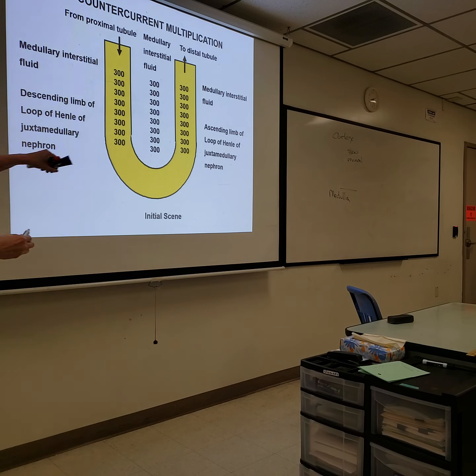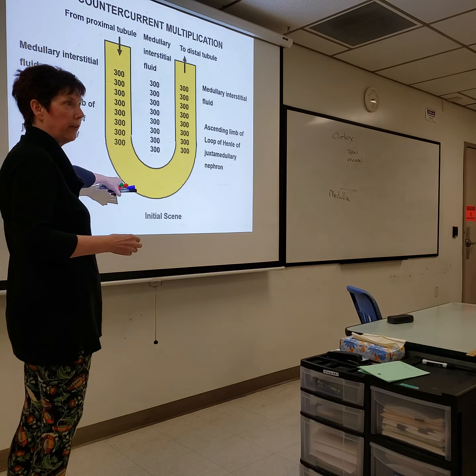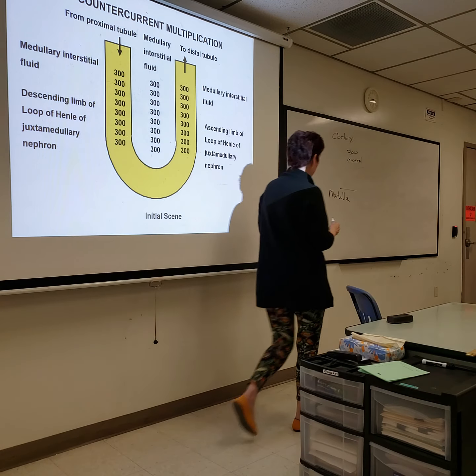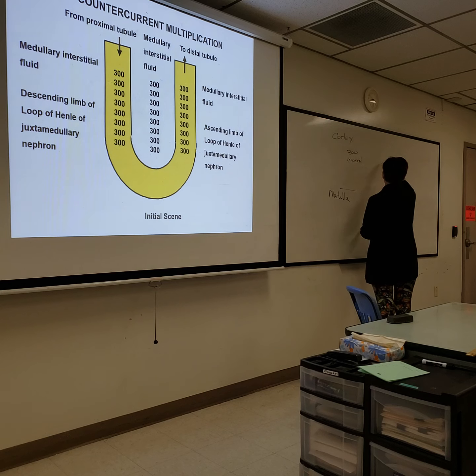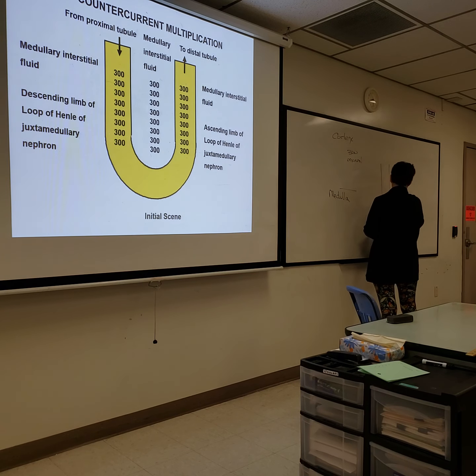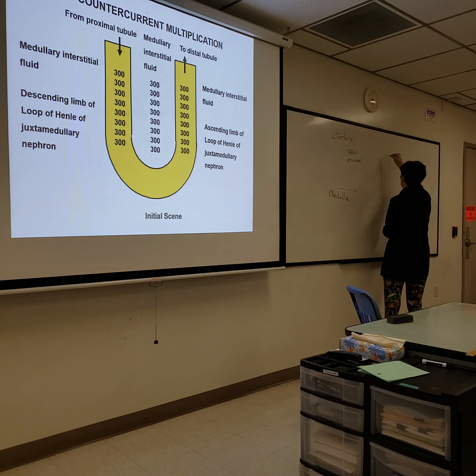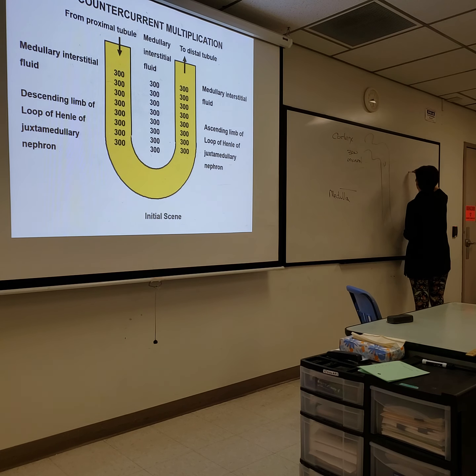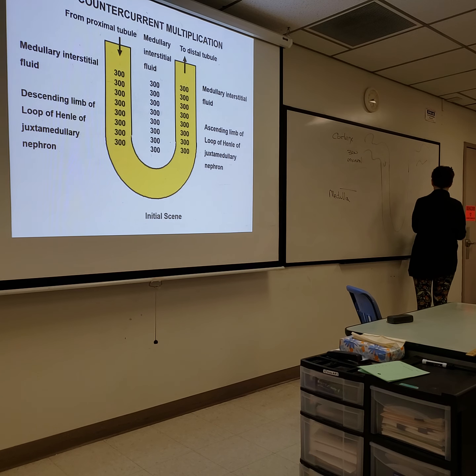So this is the descending limb of our nephron loop, and this is the ascending limb, all right? So this will become the straight, but I'm going to draw a distal because I want to draw it connected to our collecting duct.